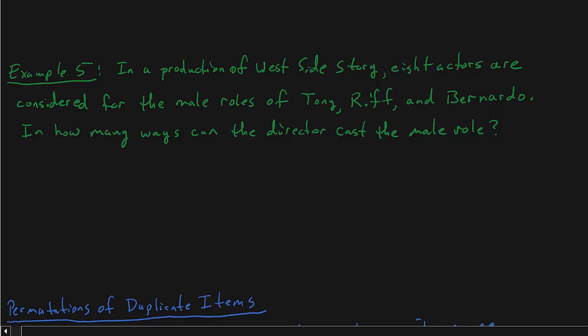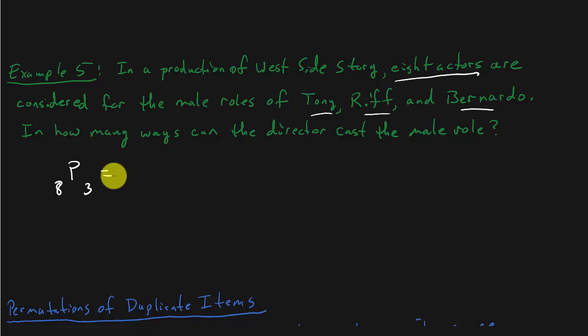Well, we know this is a permutation. And I have what? 8 actors. So n is 8. And I'm choosing 3 of them. I need 3 of them to fill those roles. So that's 3. And look, I'm not even going to plug that into the formula. I'm not even going to write out the formula.